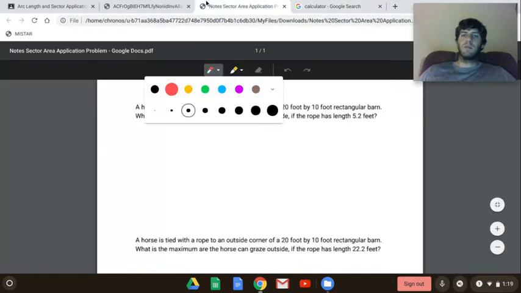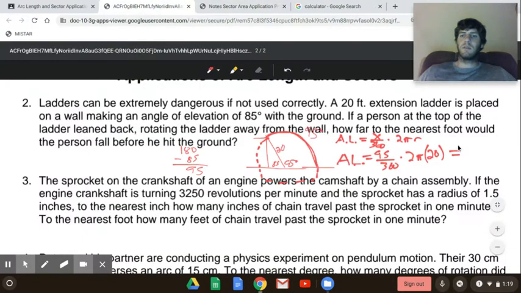He would fall a total distance of 33 feet. He would travel a distance of 33 feet. Really, he'd fall up, and he'd be in the air for 33 feet. That's really what they're trying to ask.